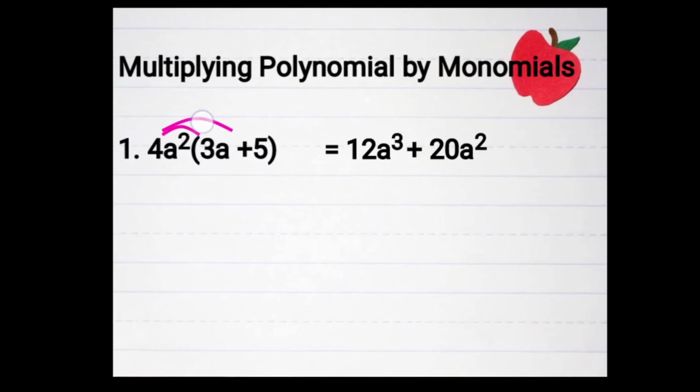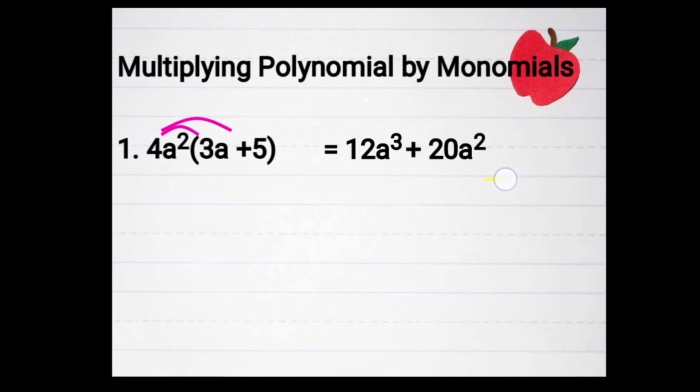Therefore, we have to copy a squared on the answer. So, a squared beside 20, because 20 is from 4 times 5. So, that's it. Our answer is 12a cubed plus 20a squared.